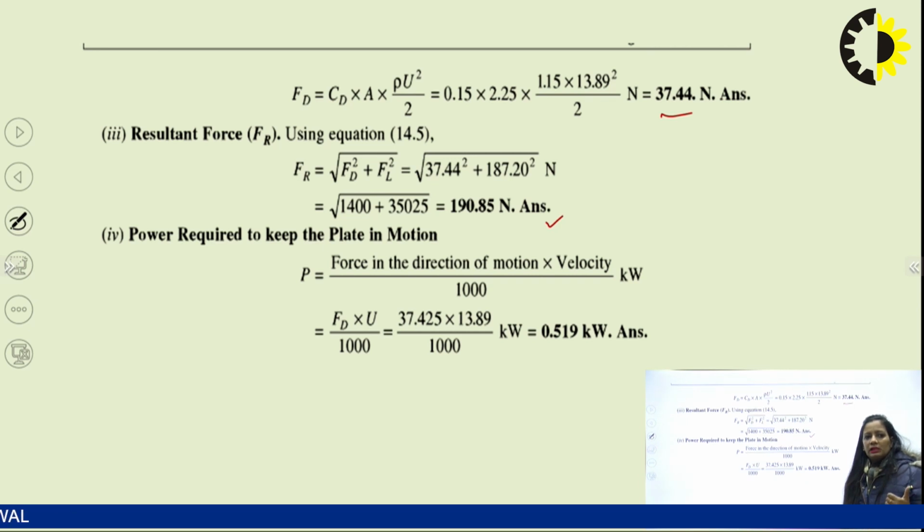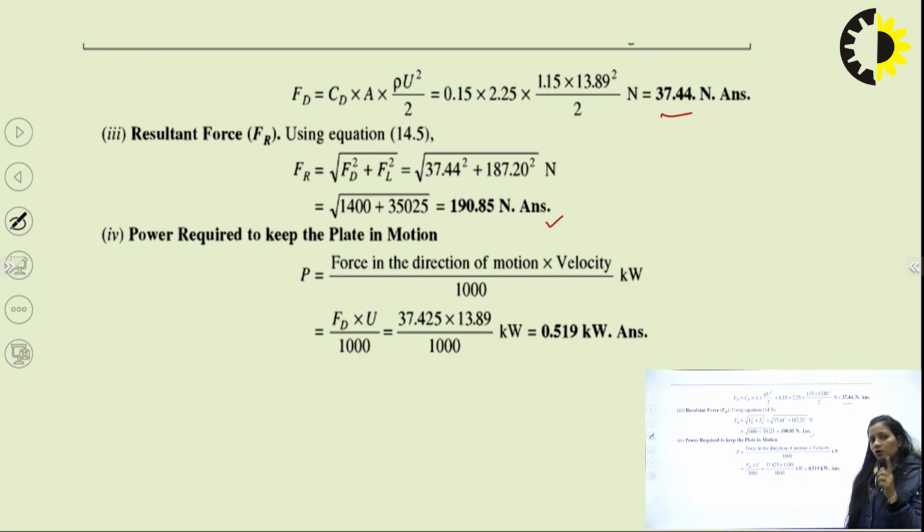So force in the direction of motion, that means you are talking about FD, and velocity, obviously the streamline velocity or u infinity. FD you have already calculated as 37.425 and your u is 13.89, divided by 1000. So what you will get? 0.519 kilowatt.